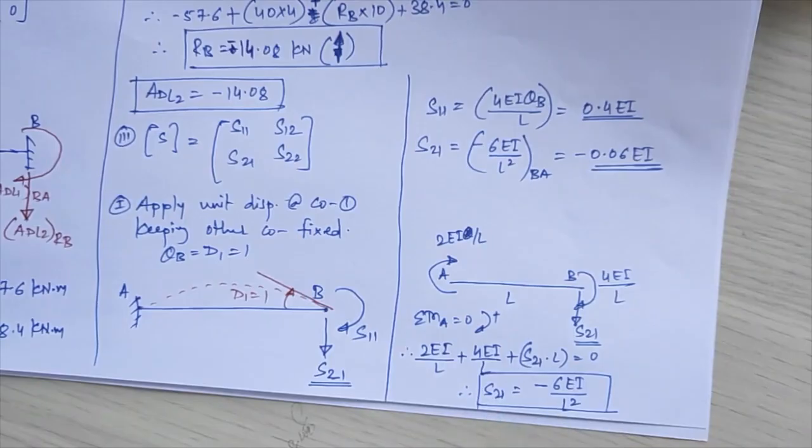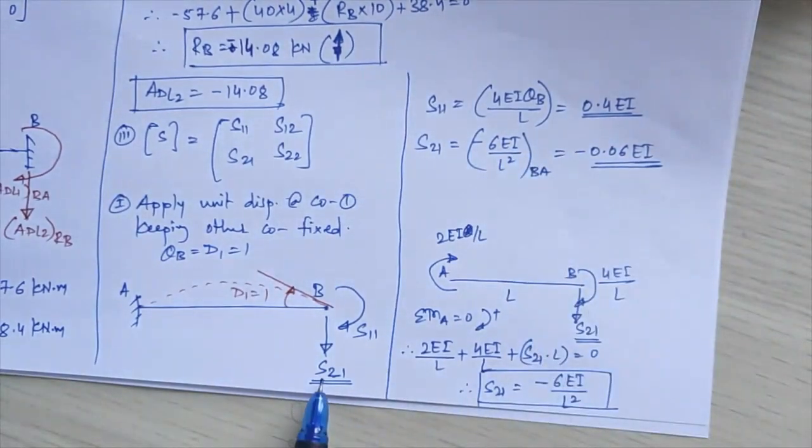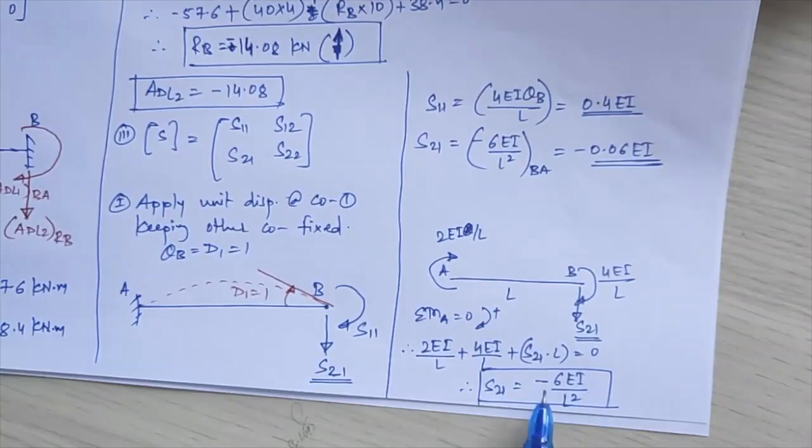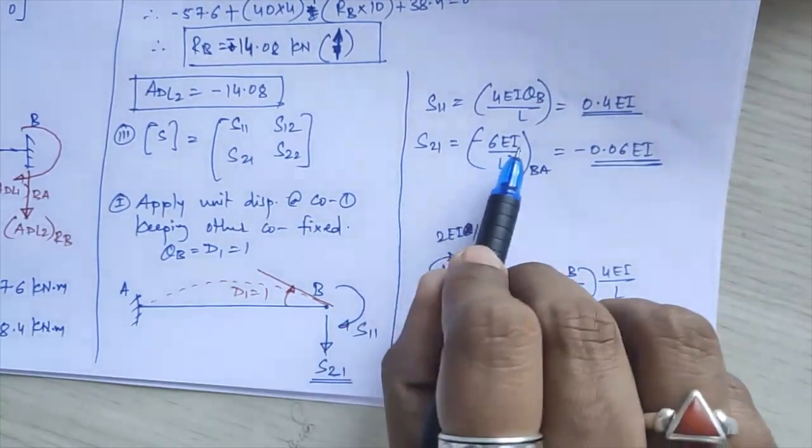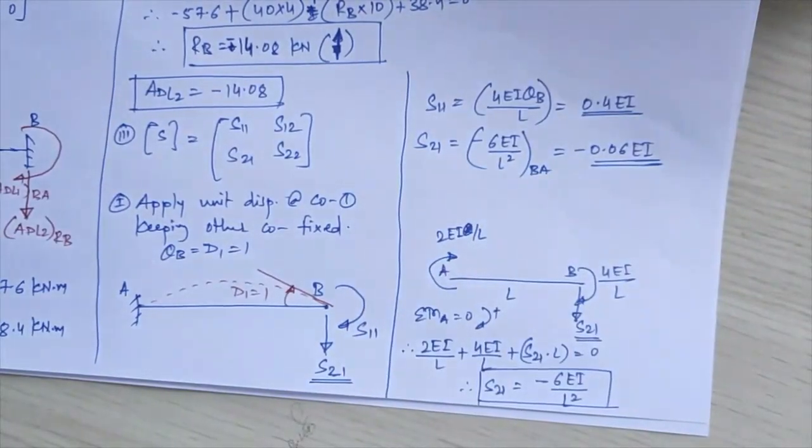From this I have got S21 equal to minus 6EI upon L square. I am writing it with the negative sign, because it is already in downward direction and I am getting negative here too, so I am not changing the direction. Substituting L as 10, 6 upon 10 square gives minus 0.06 of EI.